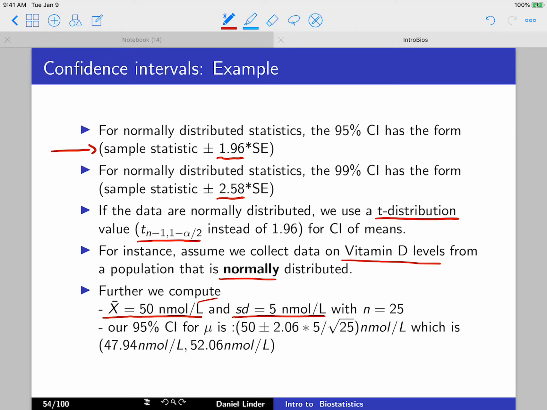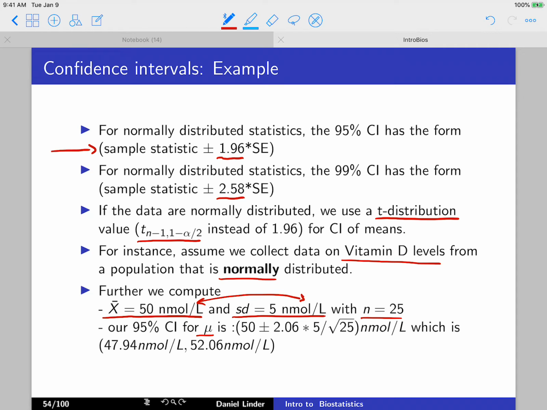Notice that these are in the same units. Okay, and our sample size was n of 25. So n equals 25. So how would we compute, say, a 95% confidence interval for the mean vitamin D levels in this population?